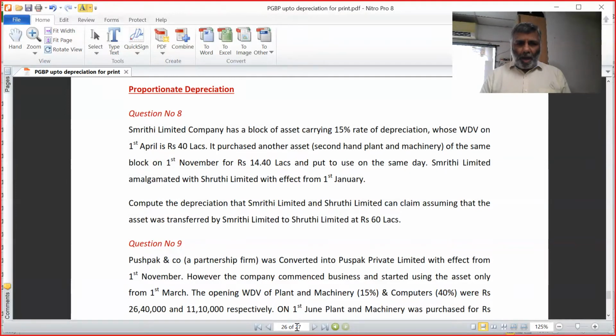Smriti Limited amalgamated with Shruti Limited with effect from 1st January. Compute the depreciation that Smriti Limited and Shruti Limited can claim, assuming that the asset was transferred by Smriti Limited to Shruti Limited at rupees 60 lakhs.